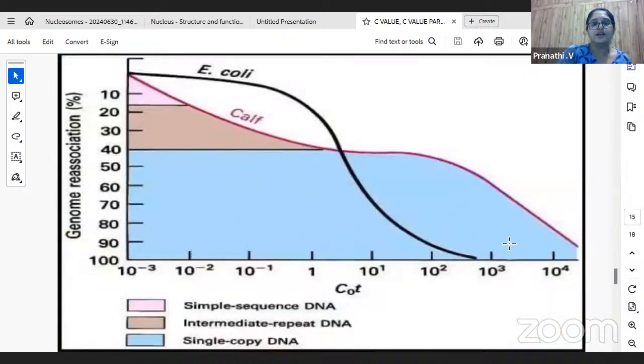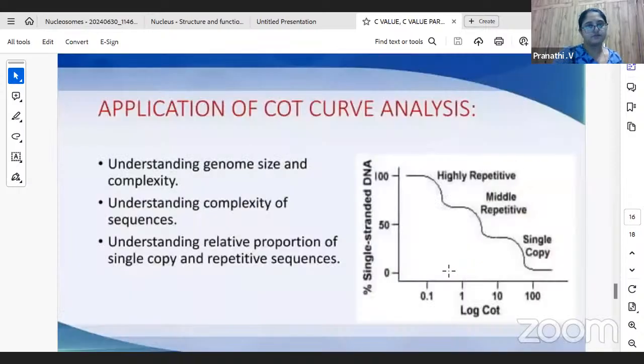So how is it going to be? You have a simple COT curve that is going to come up, and you can actually plot a graph showing your genome reassociation and the COT curve. So where are you going to apply this COT curve analysis? To know the number of sequences that are there. When you do this basic DNA COT curve analysis, you're going to understand what kind of DNA is there.